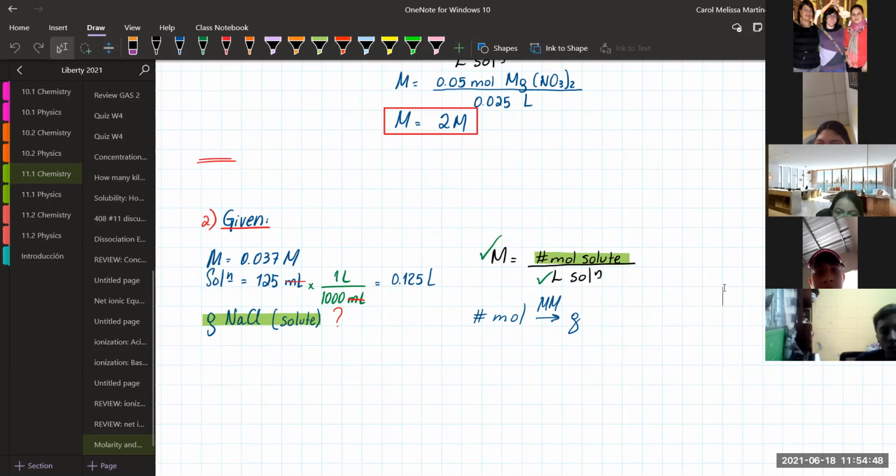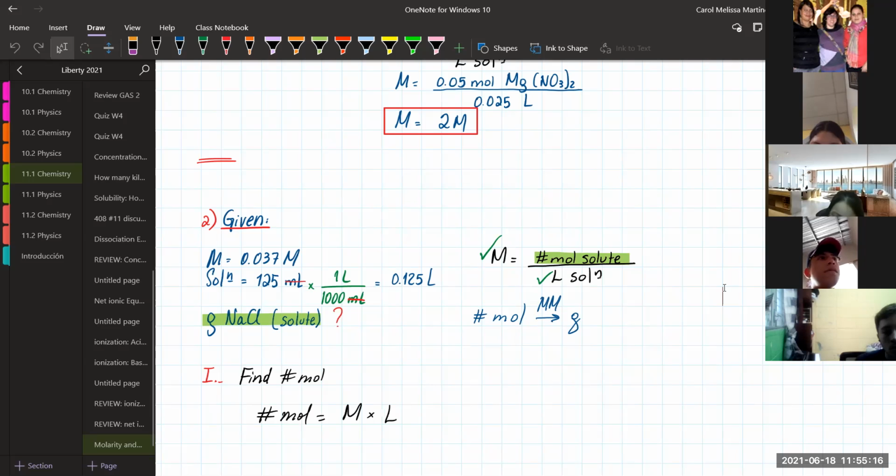So let's see. The first step will be to find the number of moles. So the equation isolated for the number of moles is: moles equal molarity times the liters of the solution.